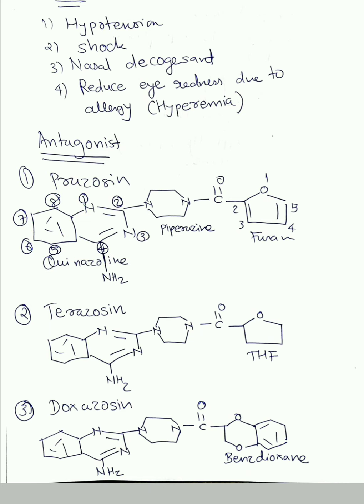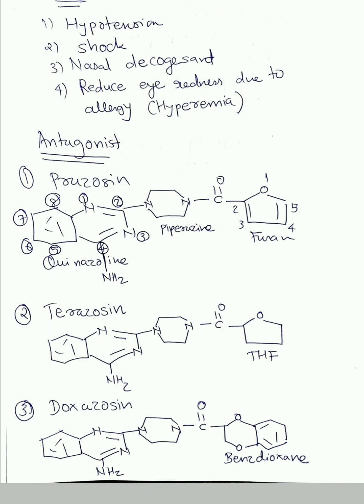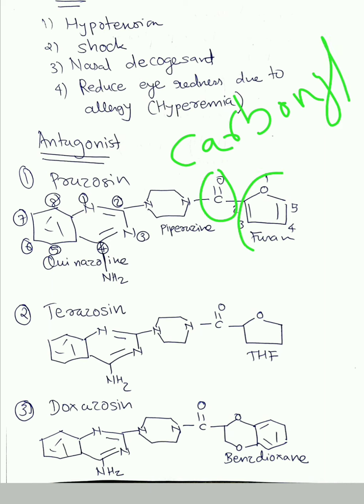See, this is quinazoline, that is benzene combined with pyrimidine, and it has an amino group on the 4th position, combined with piperazine, and what is this? This group is called carbonyl. I'll write it again: carbonyl, this group. And the last part is furan.